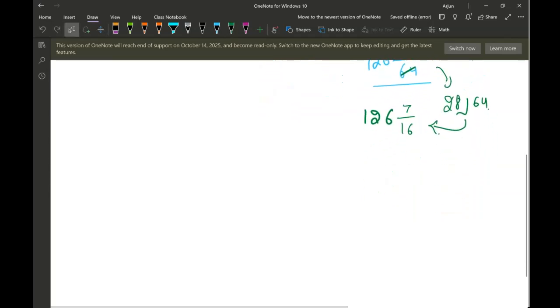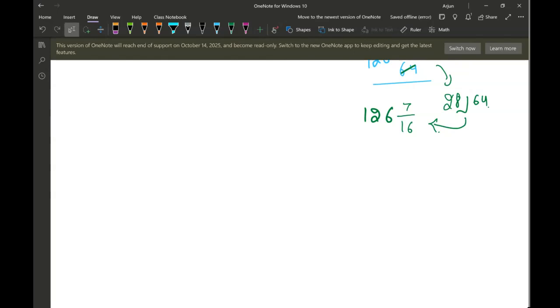All right. Then the next question is question number 15. It says in the given figure, hole A must be drilled to a diameter of 0.780. So there is a plate given to you.